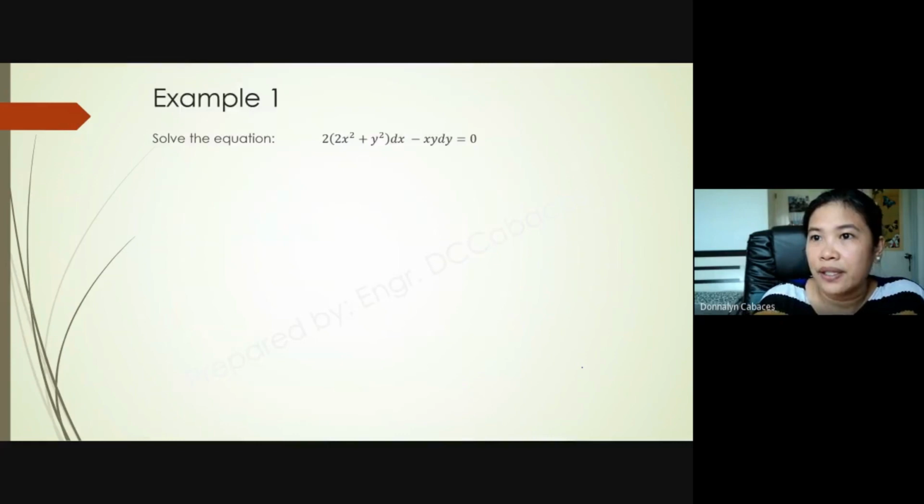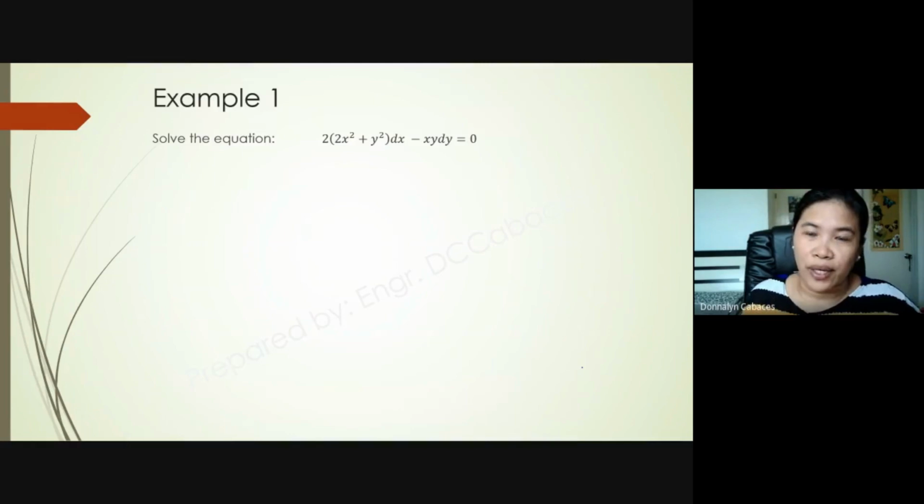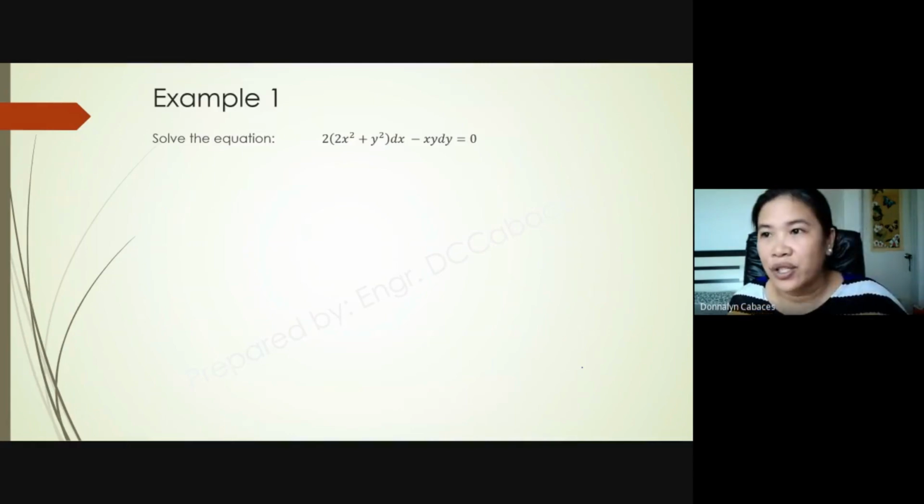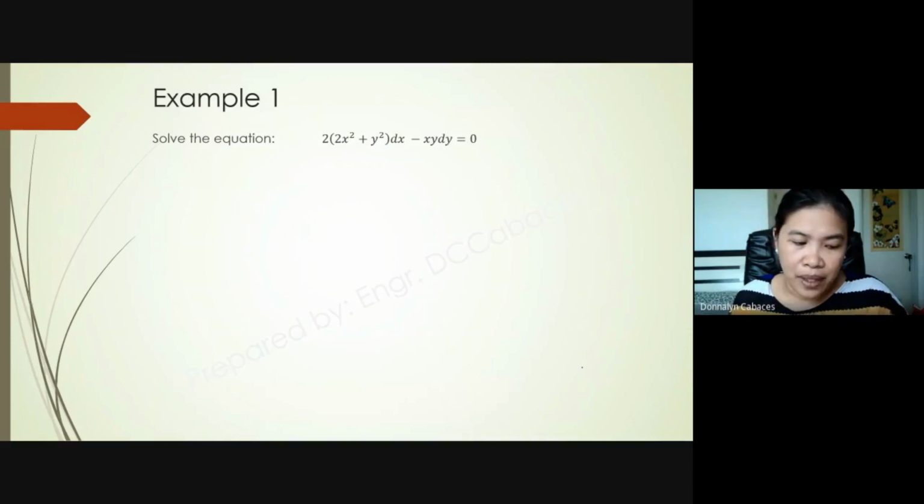I have here some examples to illustrate the solution of a homogeneous differential equation. So let us take example number 1. Solve the differential equation 2(2x² + y²) dx minus xy dy is equal to 0.